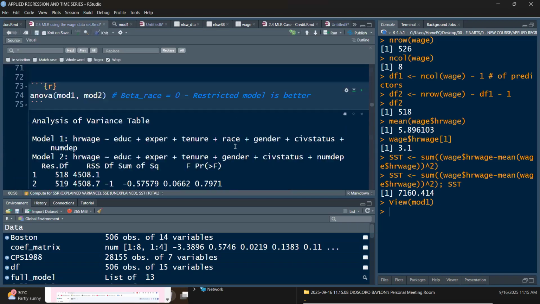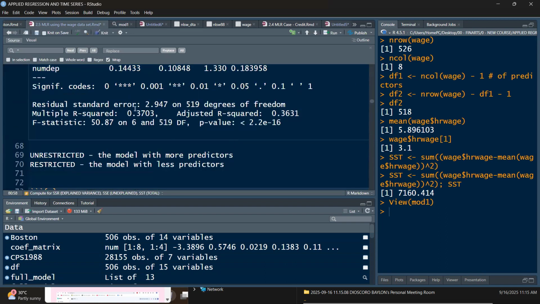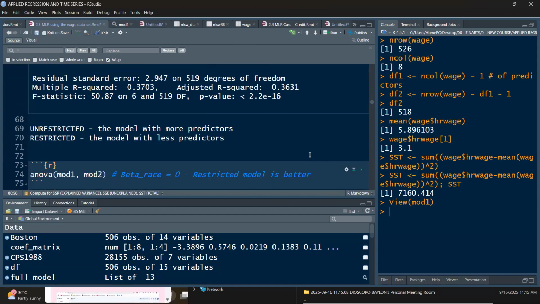Okay, so I was saying, class, in order for us to understand or to compute for the R squared, which is a measure of how much proportion of the variation of your dependent variable can be explained by our model. Here it says 37%. And here we have your adjusted R squared, which we're going to look into in a while.